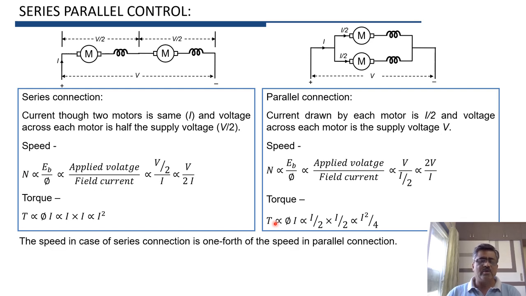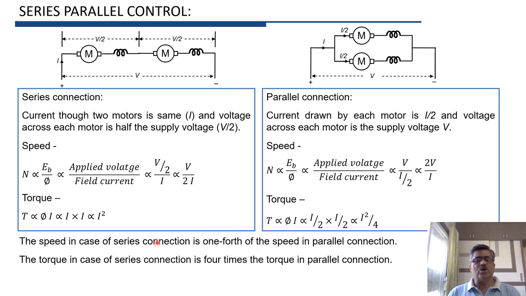And therefore, we can control the speed by connecting the motors in series and in parallel. So the speed in case of series connection is 1/4 of the speed in parallel connection, and the torque in case of series connection is 4 times the torque in parallel connection.